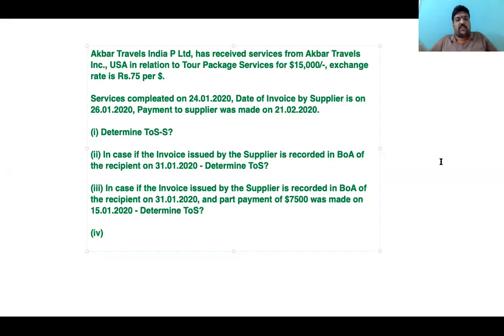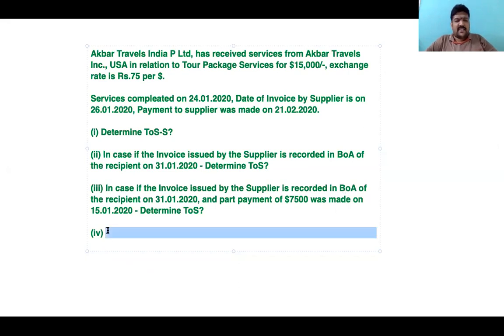The reasoning for both $7,500 amounts is different. The first $7,500 is between your regular transaction, that is the date of payment to the supplier or 60 days immediately from the date of invoice, whichever is earlier. The reasoning for the second $7,500 is from AE, books of accounts recording. The day on which you record the liability in the books of account, that day it would be deemed, or treated, as your supply. So that would sum up the discussion.